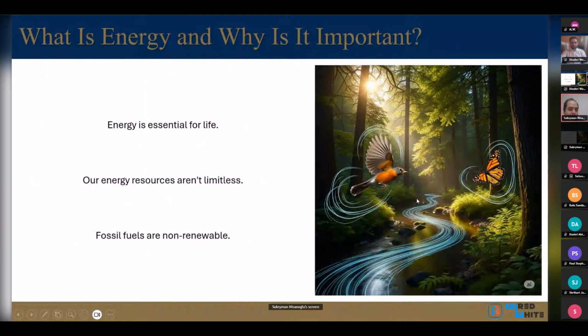Energy is an indispensable requirement for sustaining life and continuing human activities. From daily life to industry, energy is needed in every area. However, our energy resources are not unlimited.